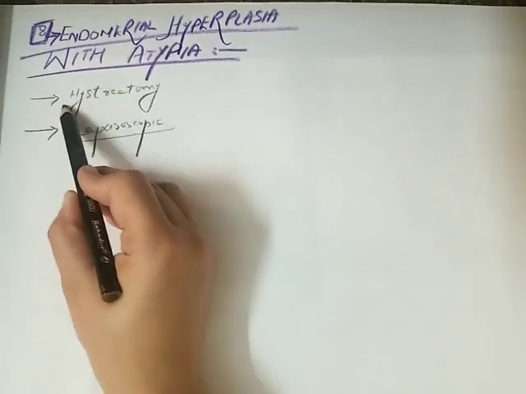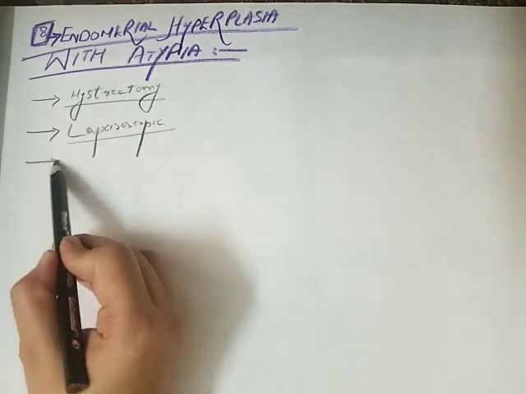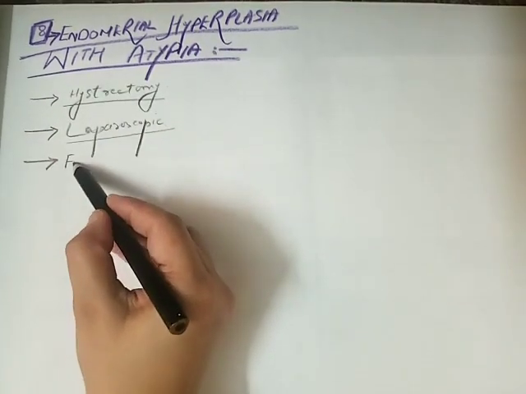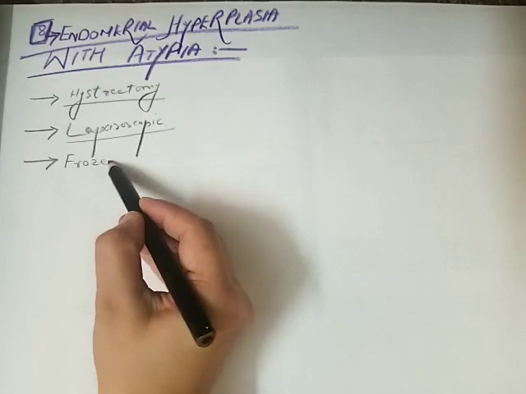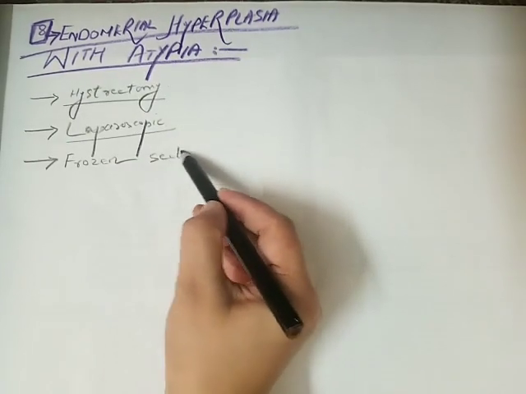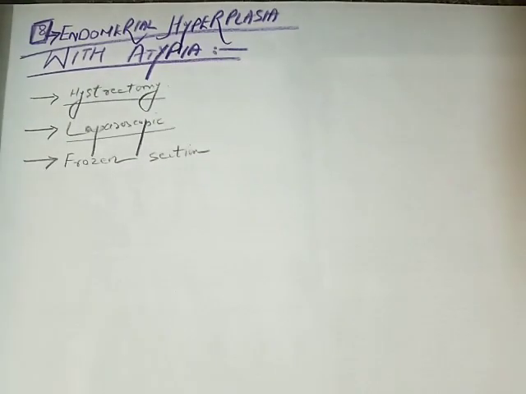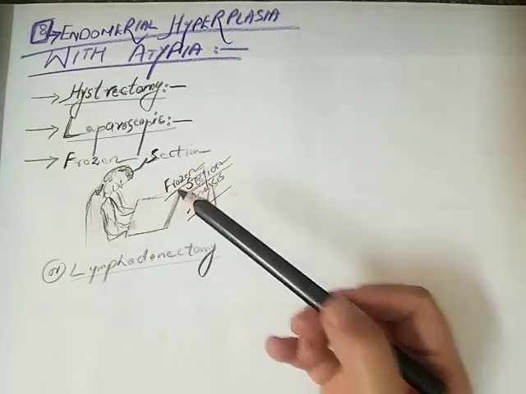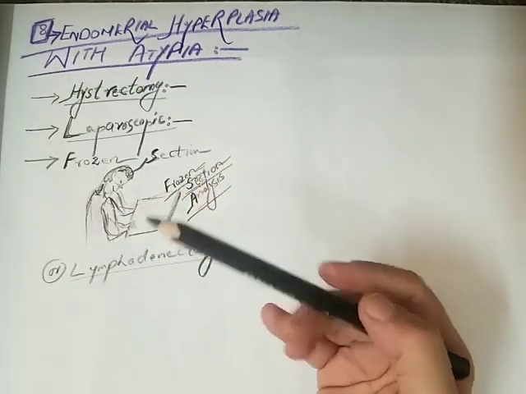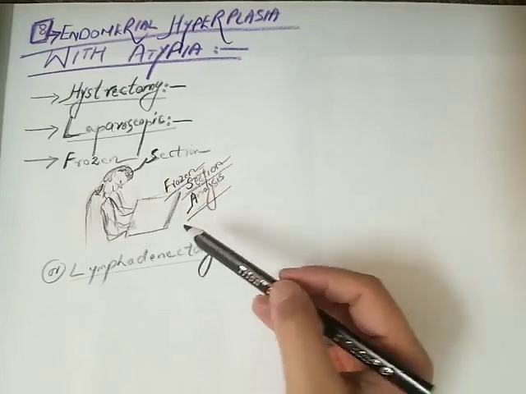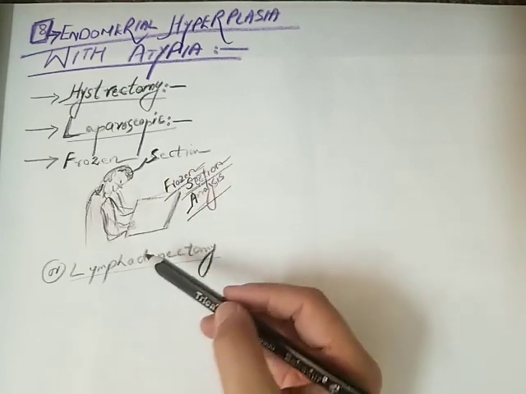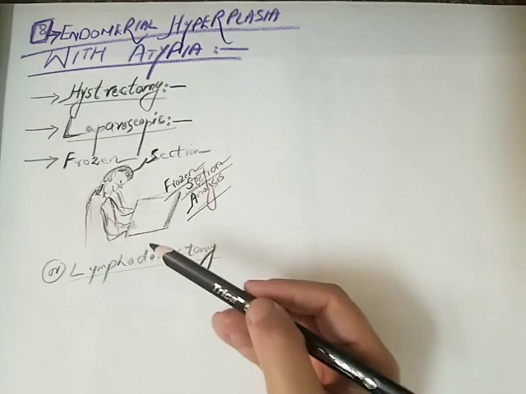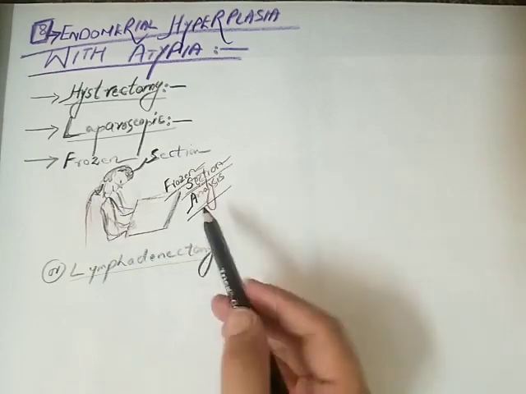Now another thing which is discussed in this guideline is the frozen section. About frozen section analysis, it is written that it has no benefit in diagnosing the final pathology of women with endometrial hyperplasia or atypia.